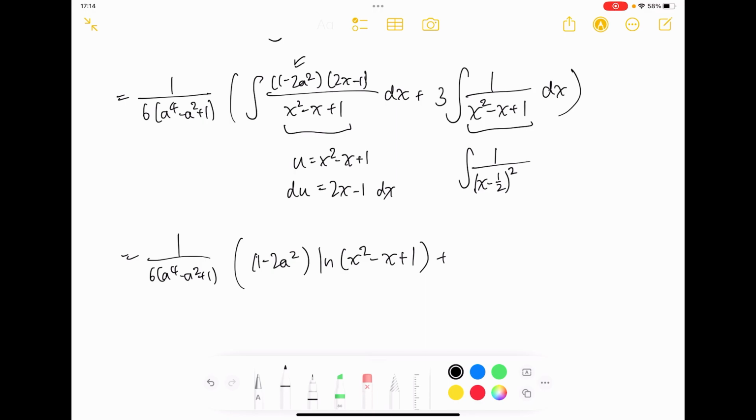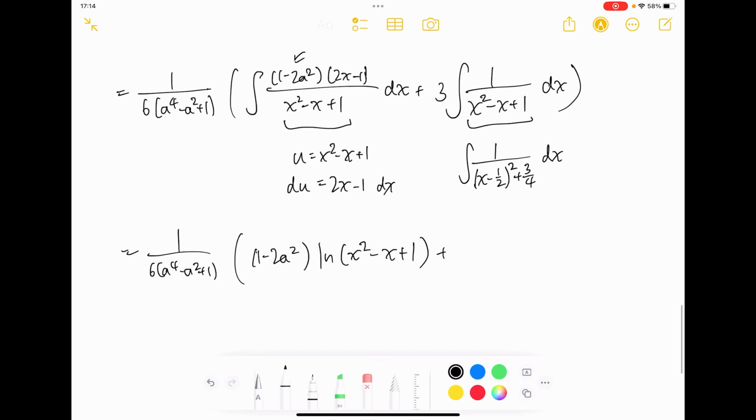Well, a half squared is a quarter, so we have 3/4 left, right, to get to 1. And that is our completed square form. And what you can kind of do is substitute this as u, but all you really have to do at the end, because in this case, u is x minus a half, but du is just dx. It doesn't really change much.